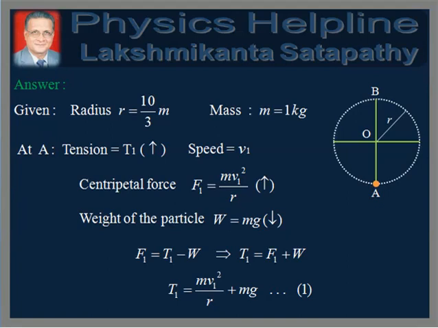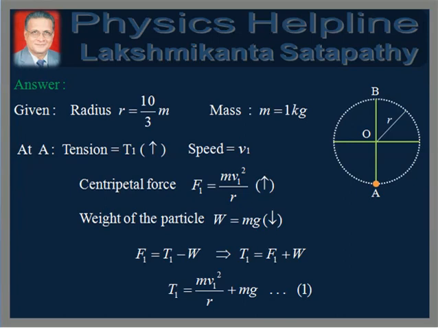If the speed of the particle at A is V1, then the centripetal force is given by F1 is equal to mv1 square by r, which acts in the upward direction. The weight of the particle W is equal to mg, which acts in the downward direction.